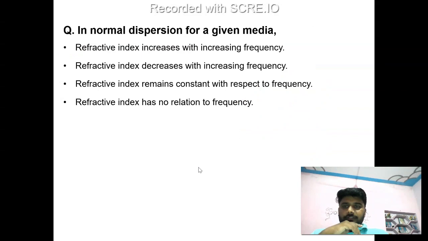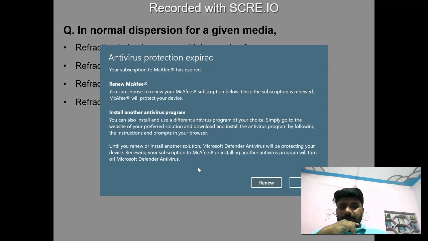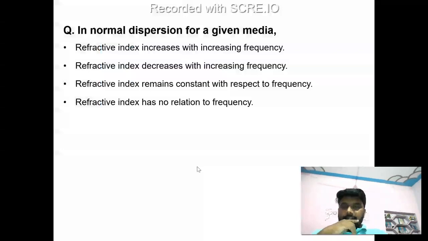So the next question: in normal dispersion for a given media, you studied about two types of dispersion. First is normal dispersion, and second one is anomalous dispersion. This question is about normal dispersion.